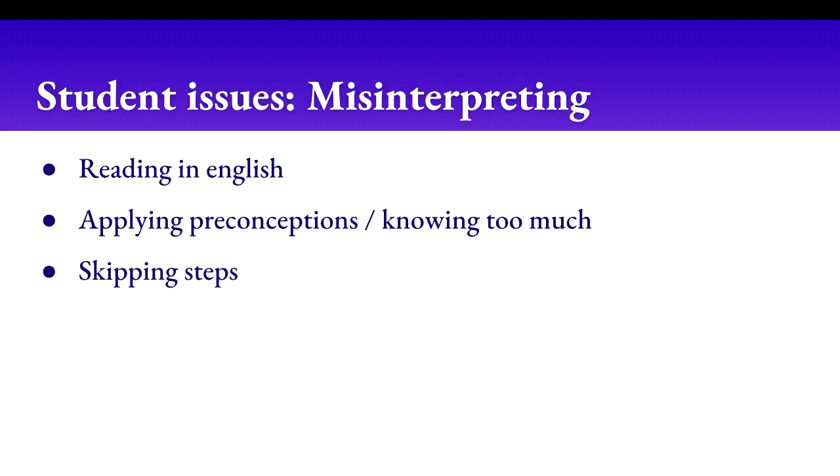So students are going to have a lot of issues when they go through and learn to trace. And one of the biggest issues, as I've spoken about before, is reading in English. Students are familiar with English, and fortunately but unfortunately, Python reads like English. And if students read Python as English, they're going to come up with some really strange ideas about how their code works.